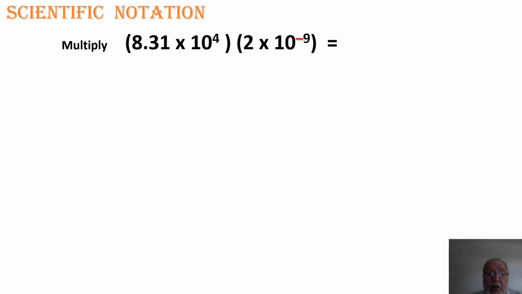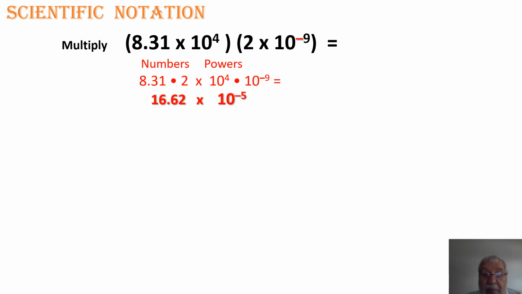All right, so when we look at this, you should begin to see that you are going to take the mantissa numbers and multiply them, and then we're going to take these two powers and add the exponents together. So when I do that, I'm going to end up with 16.62 times 10 to the -5.